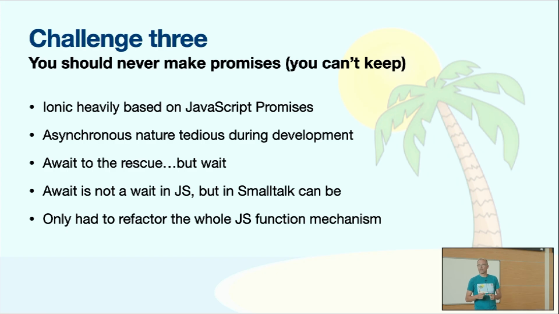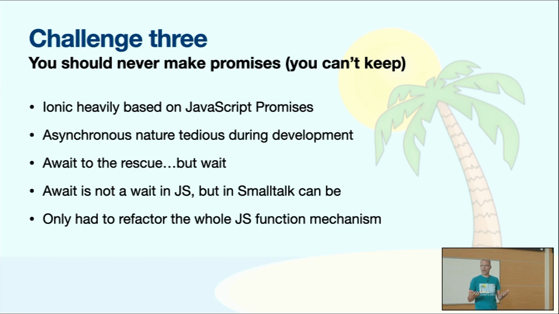If you go a little deeper into how JavaScript works, await is not waiting. It's just splitting your function in two, and it's calling then again. So from my tiny Smalltalk image, that works a little differently. I have no possibility to actually await. The thing is, Smalltalk can await.